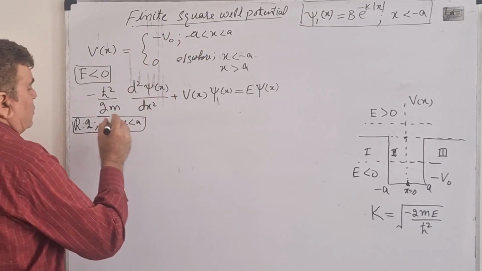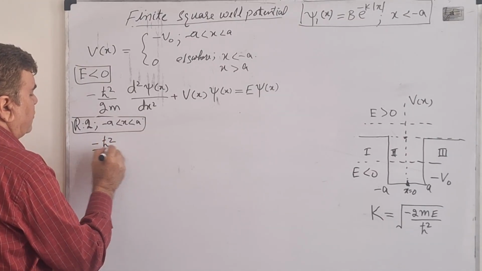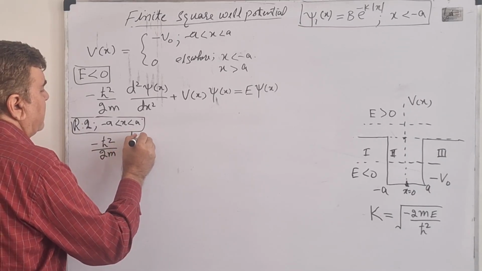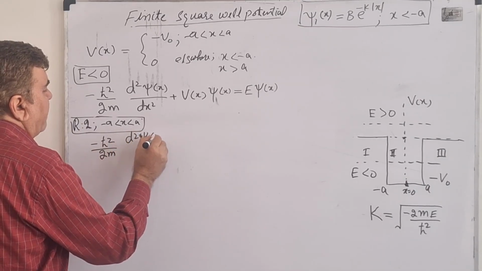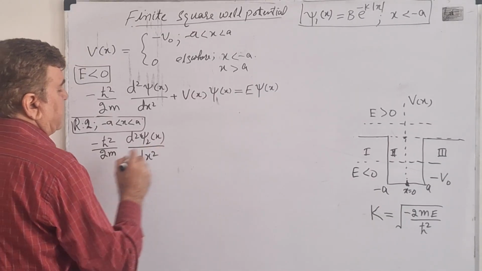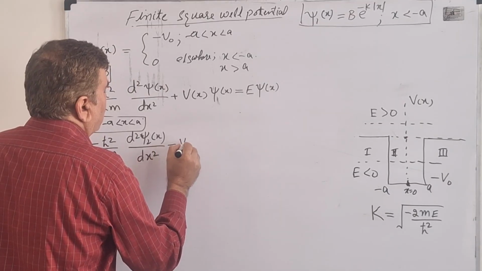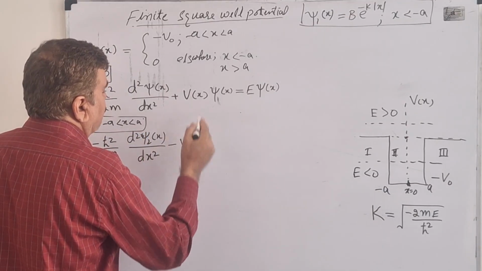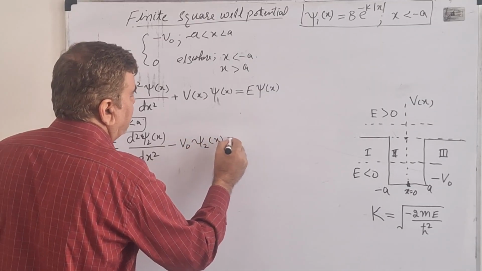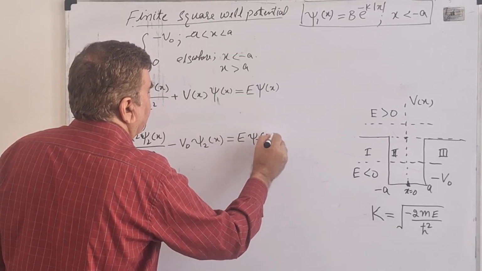So for that I'll get minus h bar squared divided by 2m d squared psi 2 of x divided by dx squared, and the potential is negative, so I put the value minus V naught and it's constant as well, so I write this as equals E psi 2 of x.